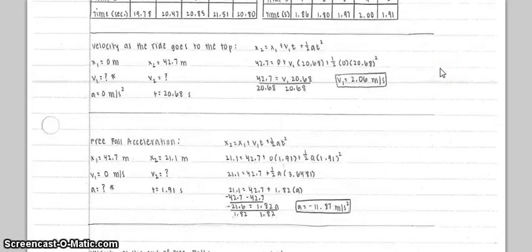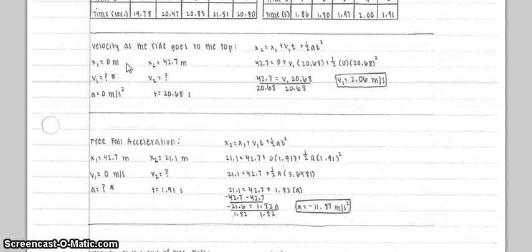The first problem that I needed to solve is what is the velocity as the ride goes to the top. And to do that, I use this equation: x2 equals x1 plus v1t plus 1/2at squared. x1 is 0 because we're still at the ground. x2 is 42.7 because that is the total height of the ride where we end up. v1 is what I'm looking for. v2 is still unknown.